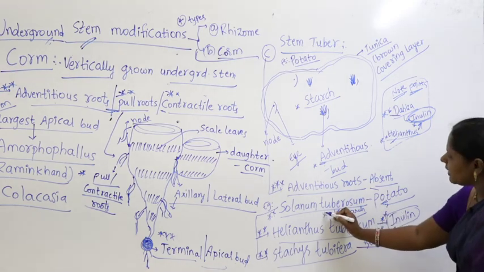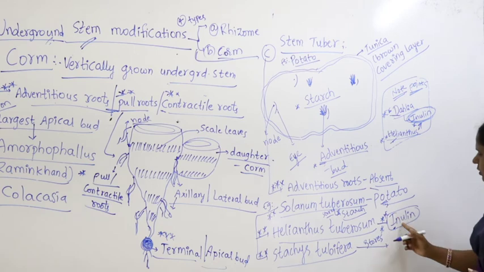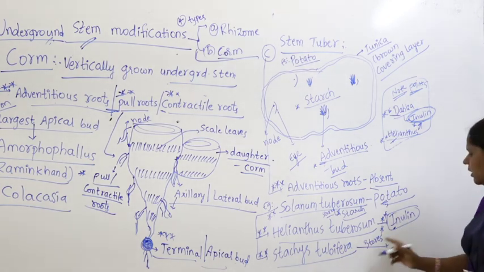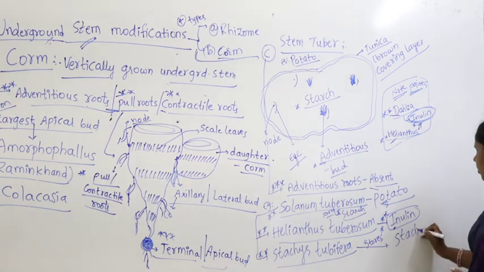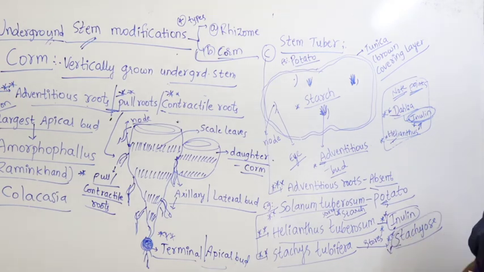Solanum stores what? Starch, potato. Helianthus stores what? Inulin. Stachys tubifera is one more example. It stores a sugar called stachyose. So, these are all nothing but sugars.